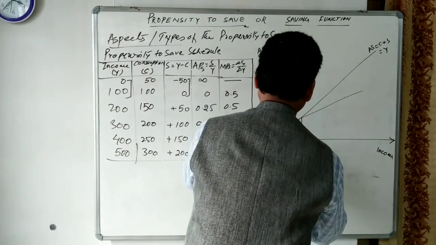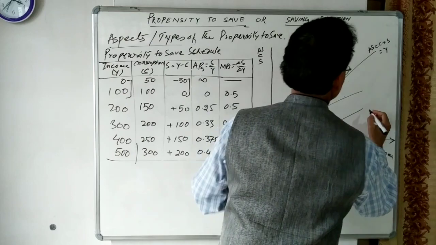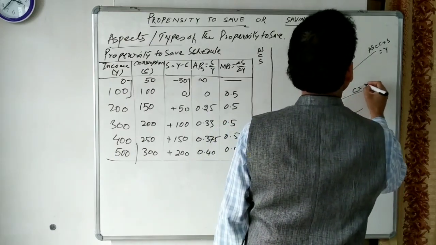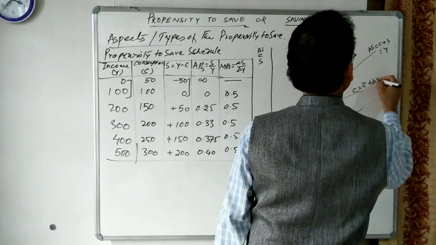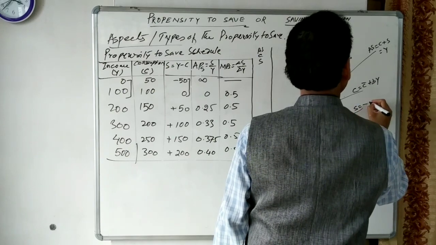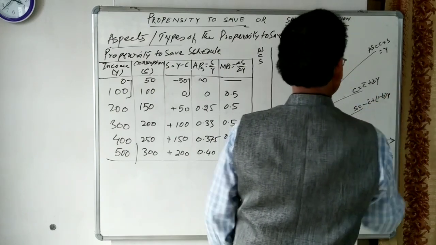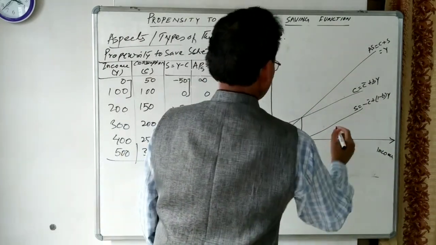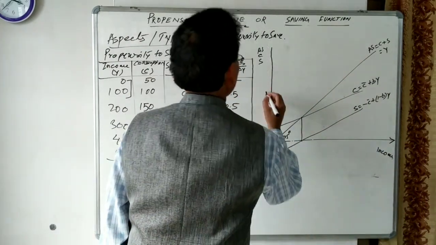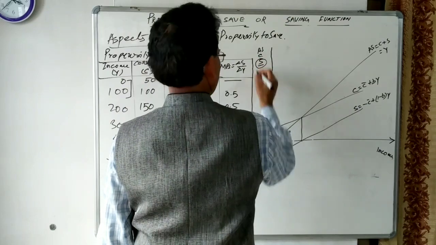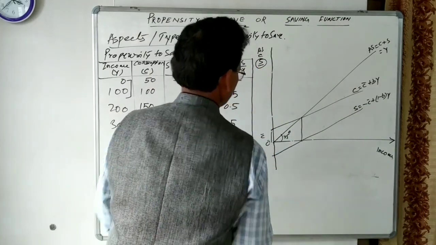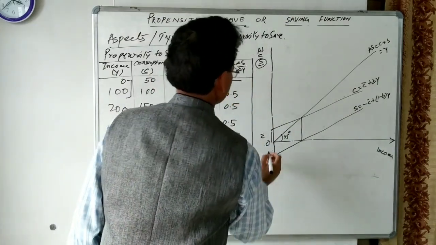This is the consumption line, C-intercept plus bY. This is the saving, minus C-intercept plus 1 minus b times Y. Above the axis is saving; I have written downside, it will be negative saving. This is minus, this is plus.